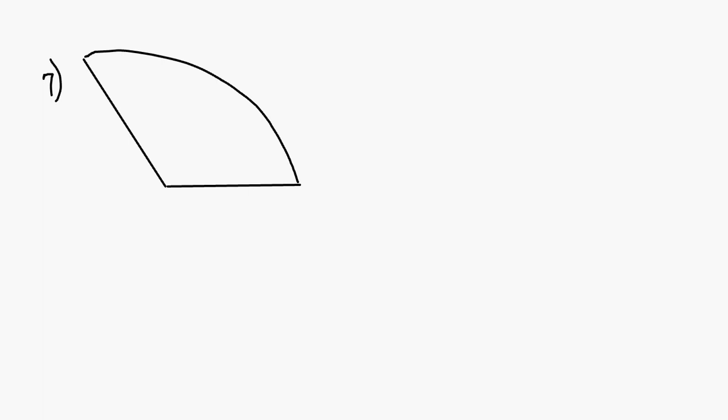They're only drawing the sector. So this is 165 degrees, and your radius is 7. The formula for the area of a sector: area equals pi times the radius squared times the central angle divided by 360.